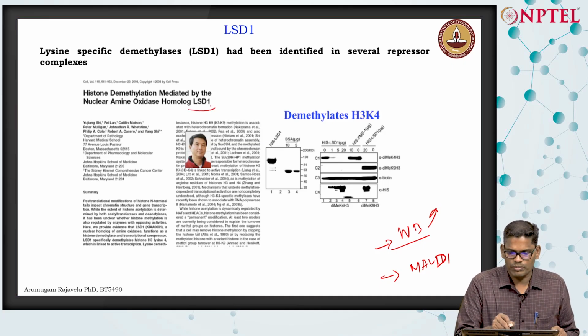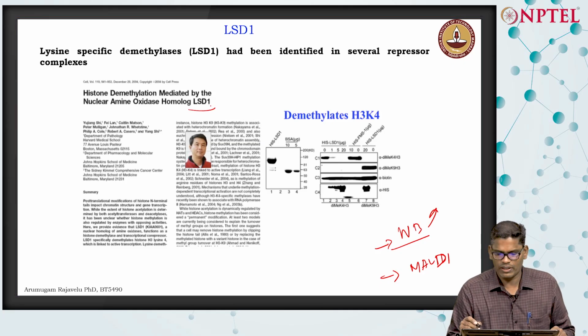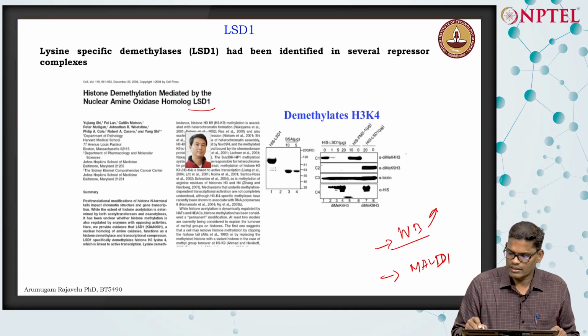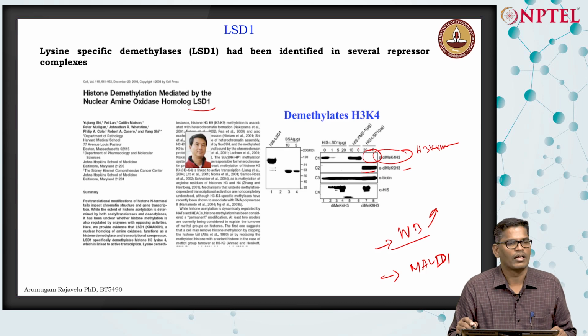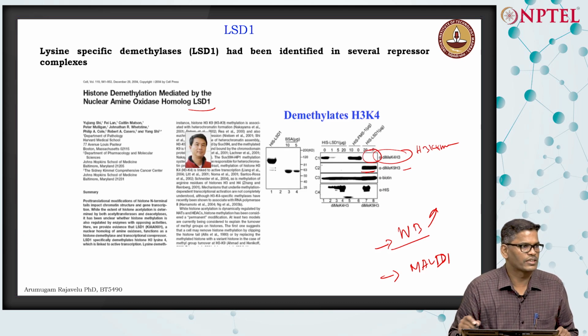With LSD1, specific activity was shown, and they see the loss of signal for H3K4me3, which is not the case with K9. The K9 signal can be picked up, but when they incubate with LSD1, they see only the K4 modification decreased.